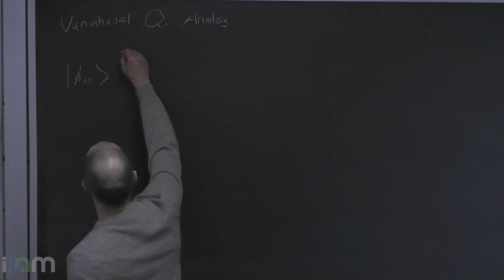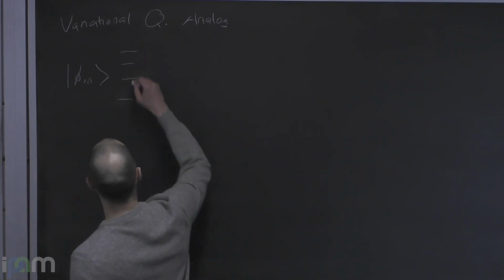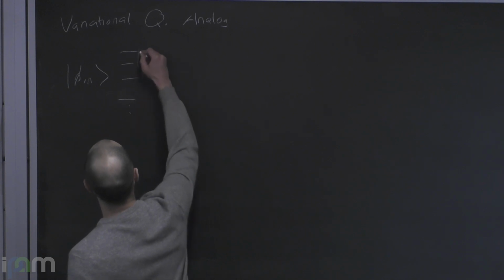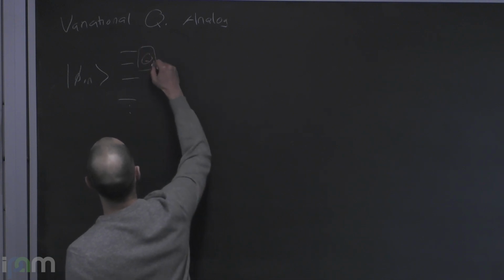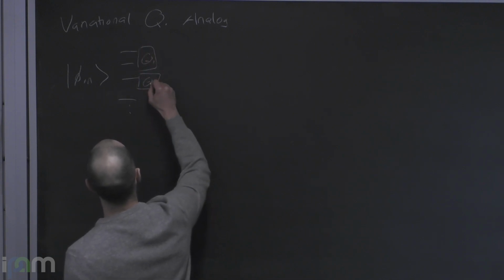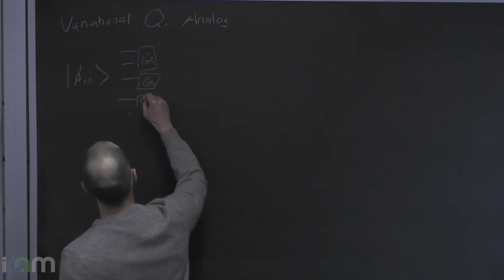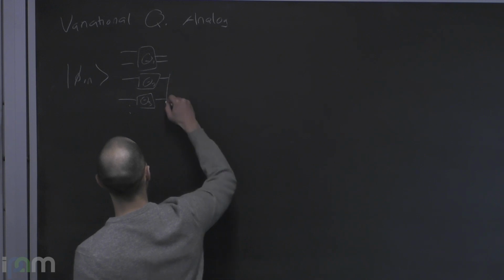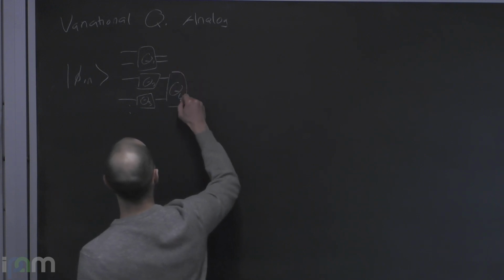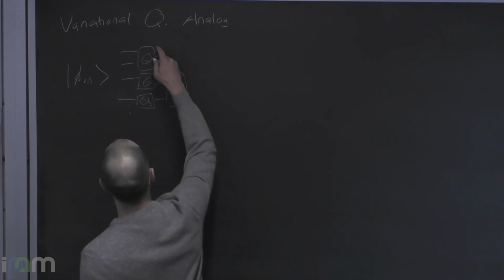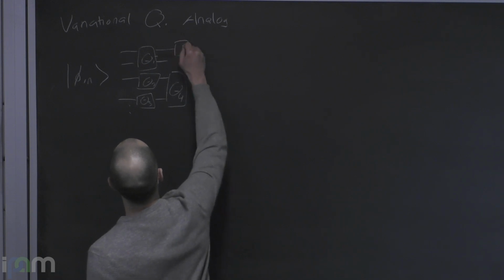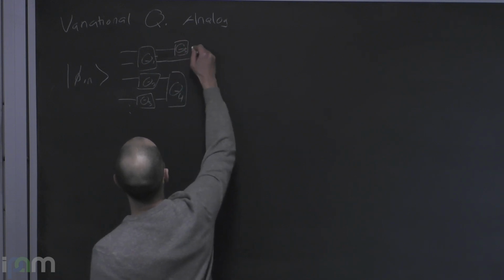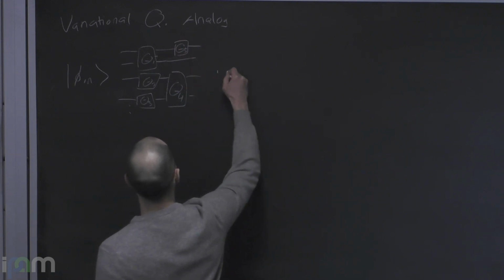So what does this look like? We may have some qubits, and this goes down, and then we have gates. So this is gate theta 1, this is maybe theta 2, theta 3. And then we repeat this. This may be theta 4, this may be theta 5, so on and so forth.